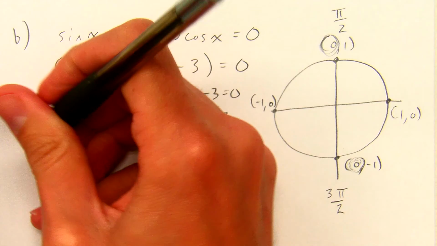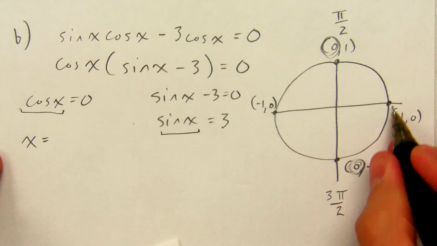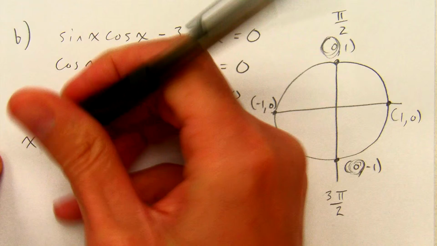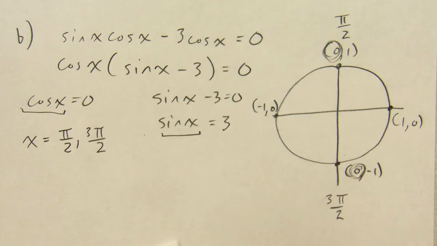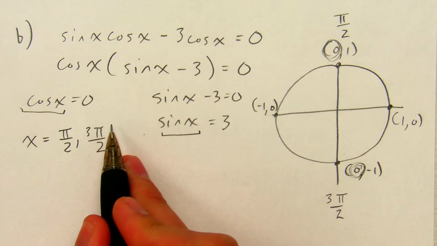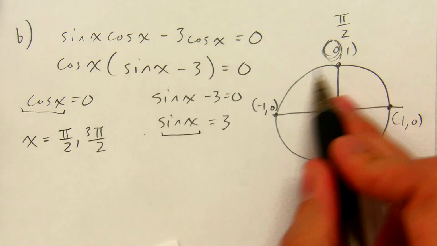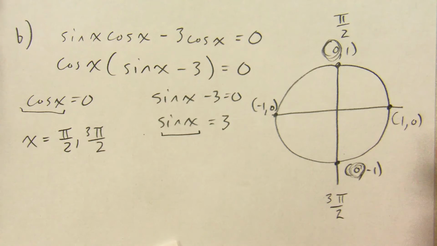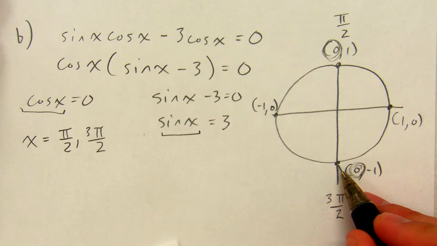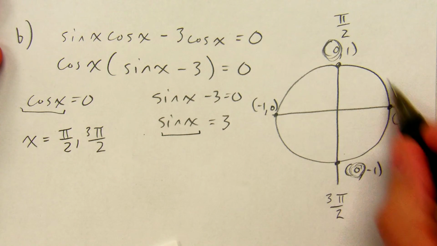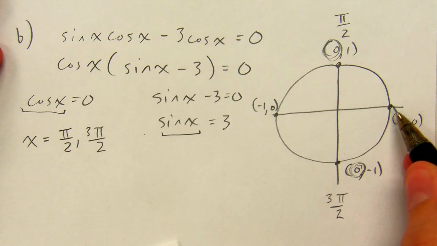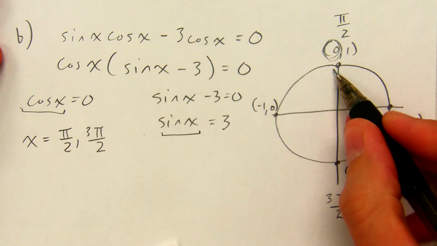So the angles that work are pi over 2 and 3 pi over 2. Now, if I were to just write that, I would be finding only the solutions between 0 and 2 pi. Because even though pi over 2 and 3 pi over 2 are solutions, so is 5 pi over 2 and 7 pi over 2 and 9 pi over 2. And for that matter, negative pi over 2 and negative 3 pi over 2 and so on.